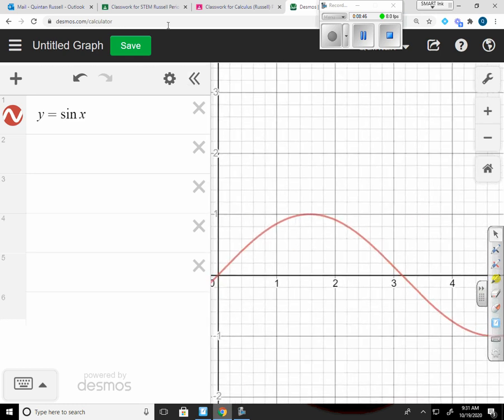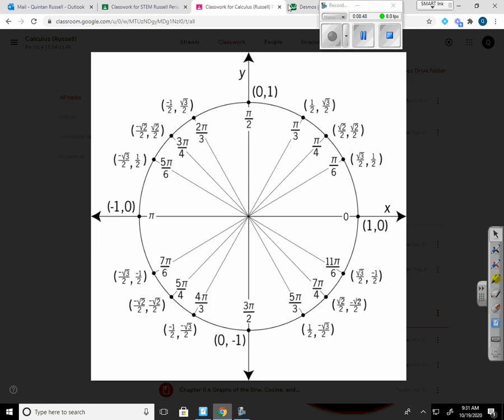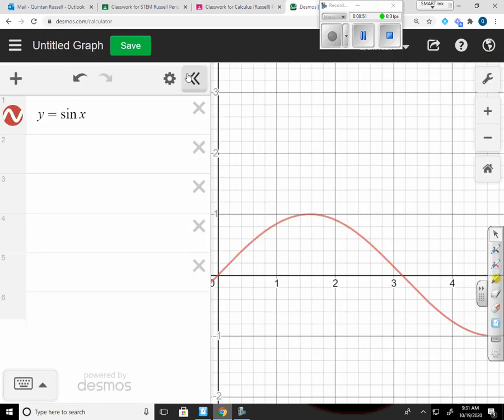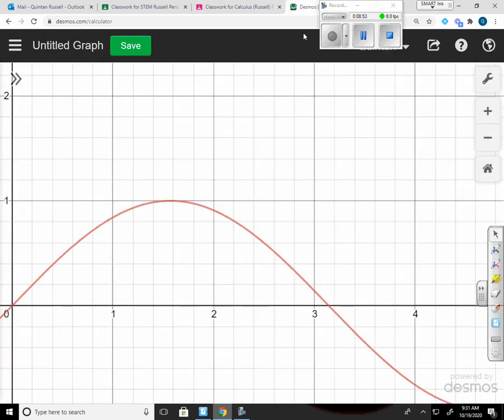The other way you can do it is to do it manually. I guess that's what you're going to have to do. You're going to have to do it on a sheet of paper. Yeah, that's what I wanted you to do from the beginning.